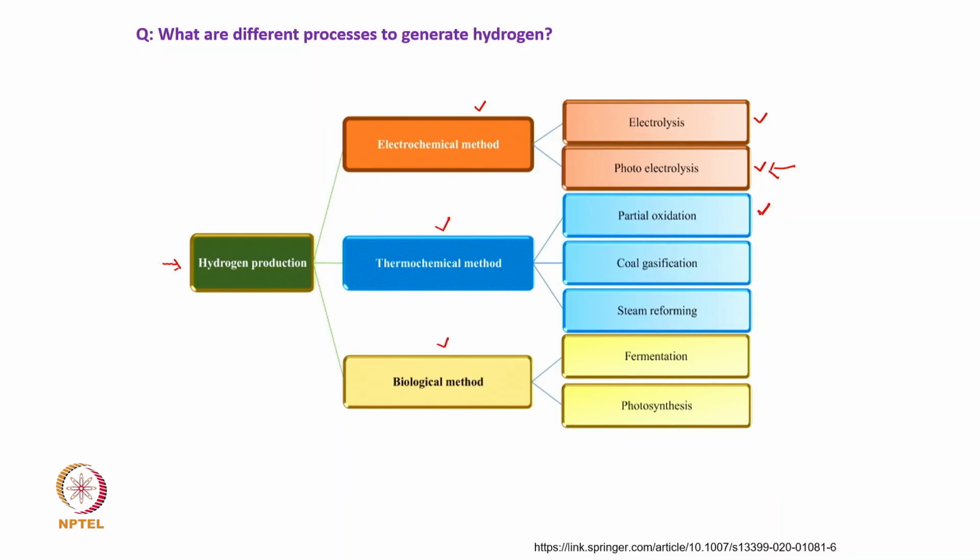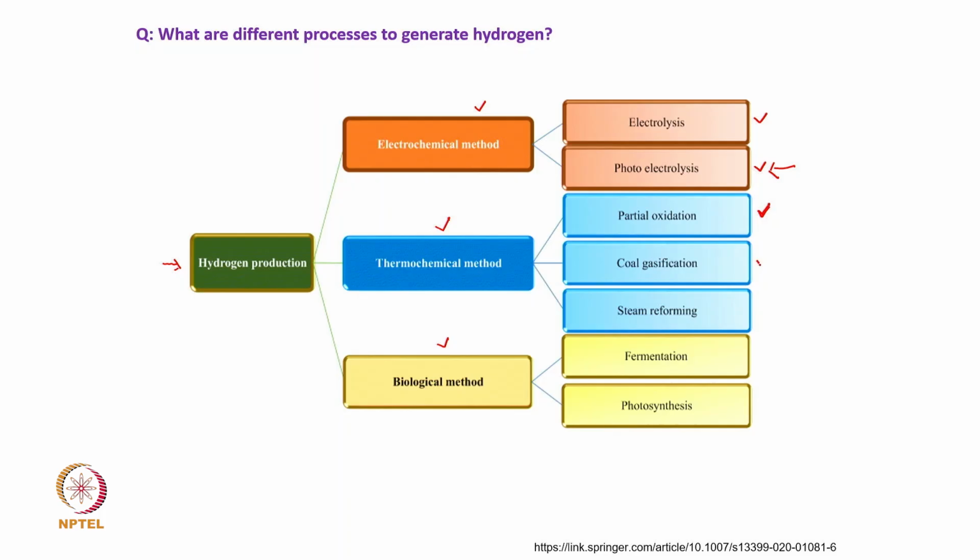In partial oxidation, you take a hydrocarbon, say methane or any other hydrocarbon, and take it to a high temperature, maybe 700, 800 degrees centigrade, and with limited oxygen flow, this hydrocarbon is burned, and then hydrogen, carbon dioxide, etc. are produced. This is the partial oxidation method, which typically one can do in a furnace.